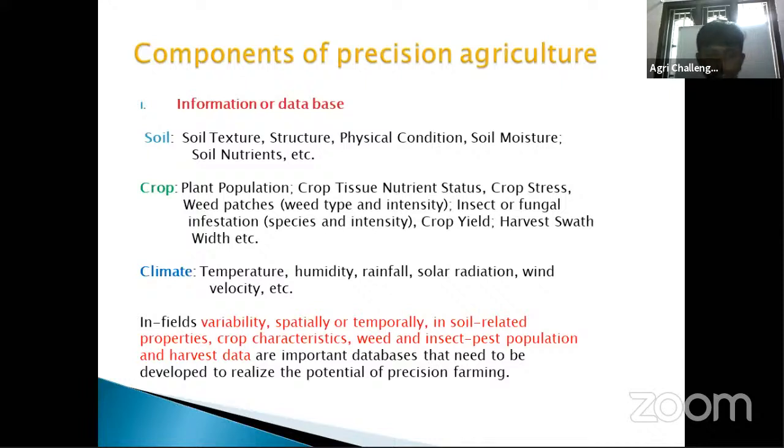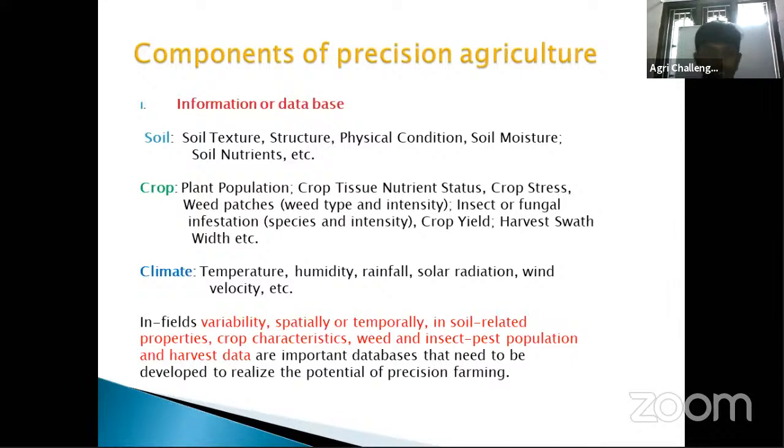For that, we have to go for GIS, GPS, these geospatial technology tools we have to use. That can give you information within a fraction of seconds. For that particular area, that particular location, it will give us coordinates. It will tell which area has more weed infestation or more pest occurrence.